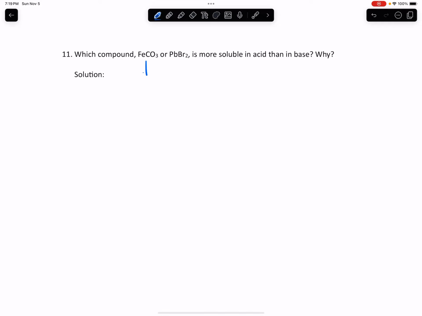So the key is to take each of the compounds and split it into its constituent ions. FeCO3 can be split into Fe2+ and CO3 2-, and PbBr2 can be split into Pb2+ and 2Br-. Now, to understand if the ions are going to react with an acid, we focus on the negatively charged ions, because an acid is going to release protons, which is a positive center.